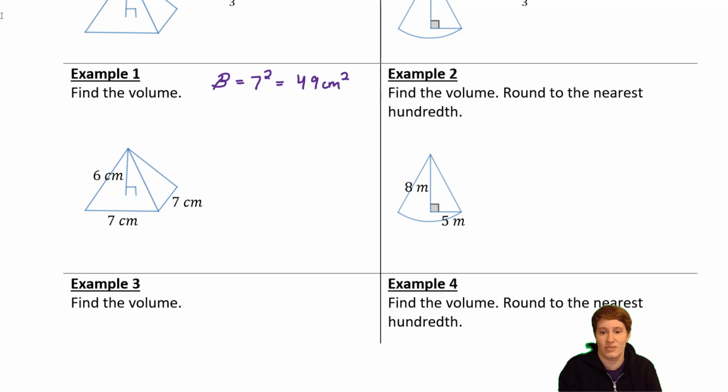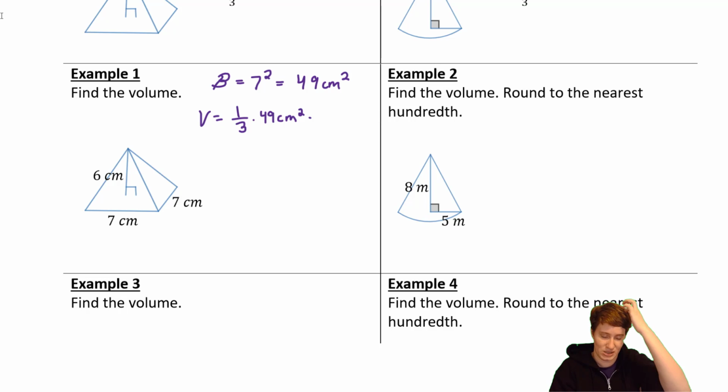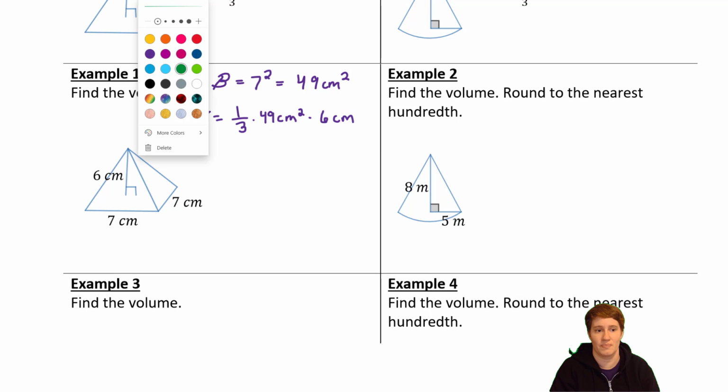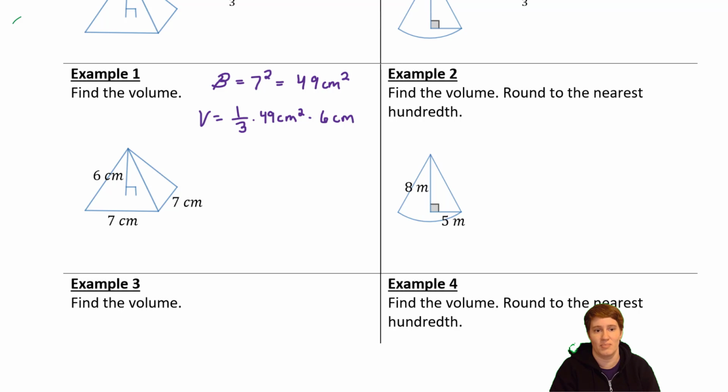The area of the base, that 49, is in centimeters squared. Then we're going to take that and times it by a third, and we're also going to times that by the height. Now the height is what's straight up from the base and goes up to the point. So that's going to be 6 centimeters. I don't actually like writing units whenever I go through this, but it is technically better practice to write down your units as you're going along.